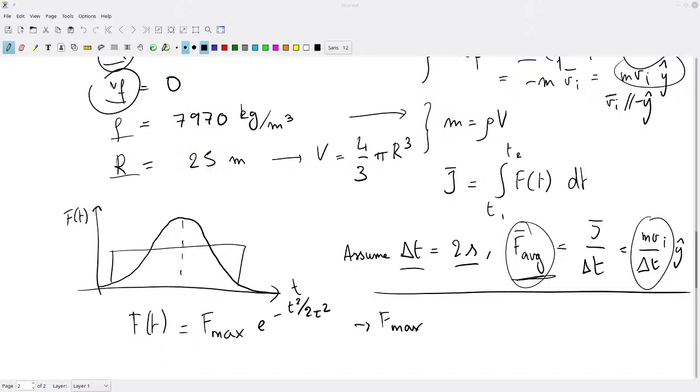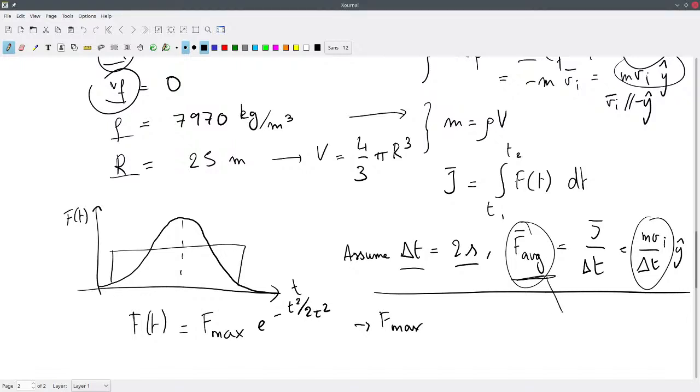And we can actually plug in the numbers. If you take that mass, initial velocity, and final velocity and the interval of time 2 seconds, then you will find that this average force is 3.3 times 10 to the 12th newtons.